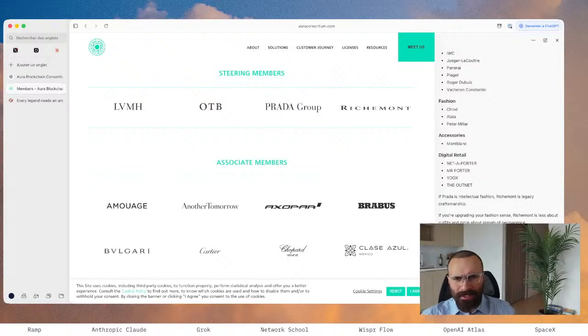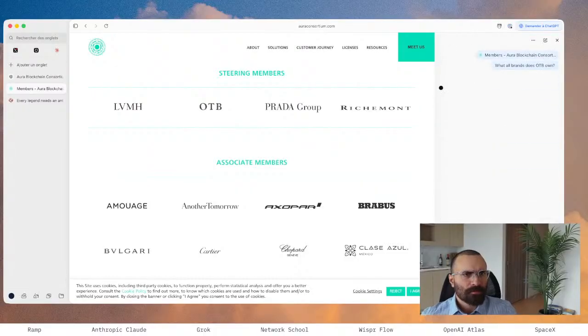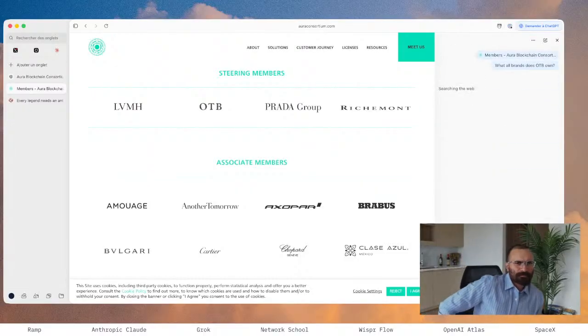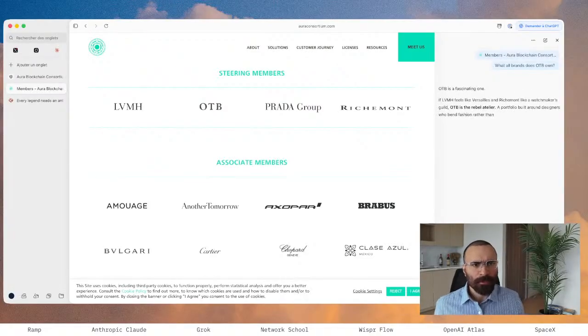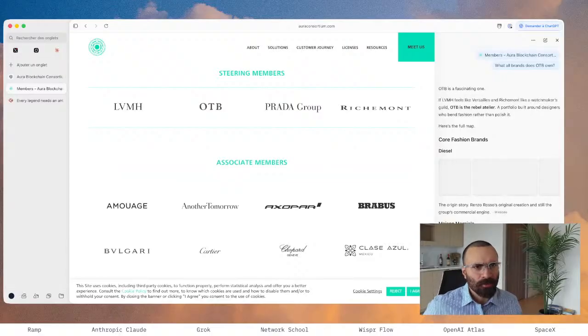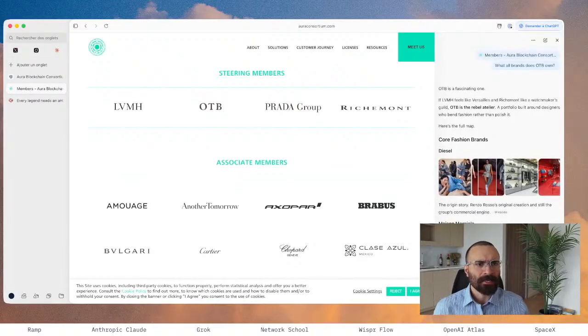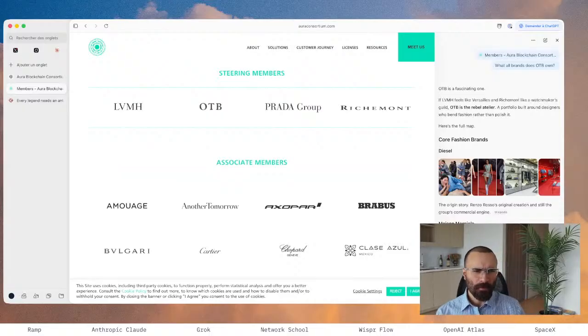What all brands does OTB own? It's a fascinating one. If LVMH feels like Versailles and Richemont like a watchmaker's guild, OTB is the Rebel Atelier. Okay. Rebel Atelier. So you got Diesel.